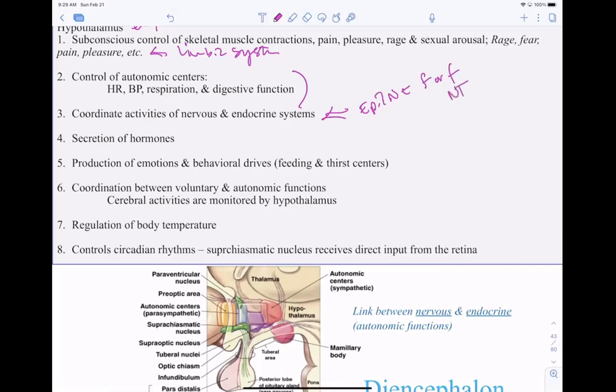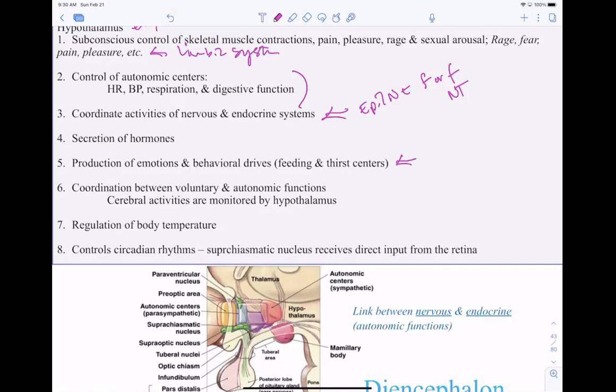Secretion of hormones, behavioral drives. You have your thirst center and your feeding center. So these are centers that tell your brain, oh, I'm hungry, or, oh God, water sounds really good to me right now. That's because you have these feeding centers and thirst centers in your hypothalamus that tell you that you need to eat or drink, right?